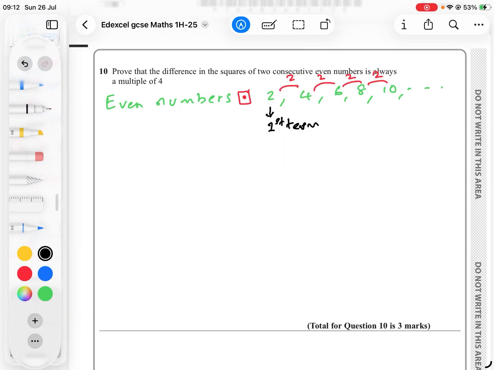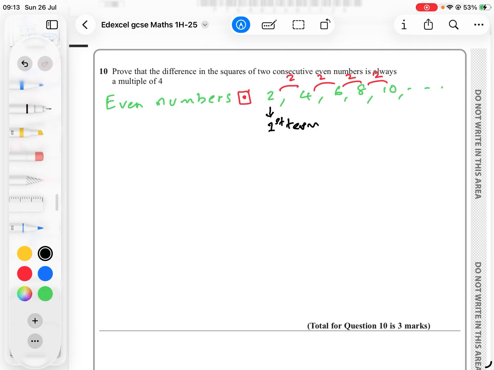Hi, I'm going to walk through question 10. Prove that the difference in squares of two consecutive even numbers is always a multiple of 4. First, find the nth term. To find the nth term, first find the term before the first given term by subtracting the common difference from the first term.